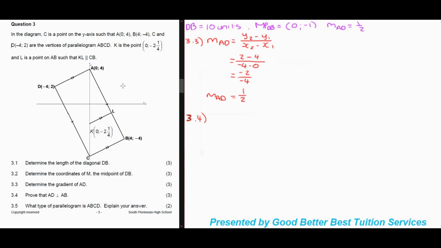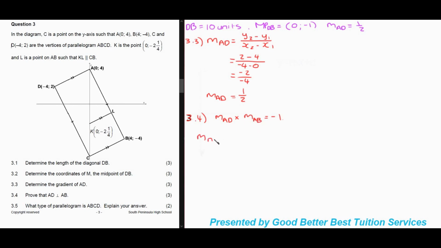So how are we going to prove that they are perpendicular to each other? We know that perpendicular lines, when we times the gradients together, give us negative 1. So basically what we're going for here is the gradient of AD times the gradient of AB needs to equal negative 1. So we're going to try and prove this formula. So we already have the gradient of AD. What we need to find now is the gradient of AB. Cool? So let's go ahead and do that.